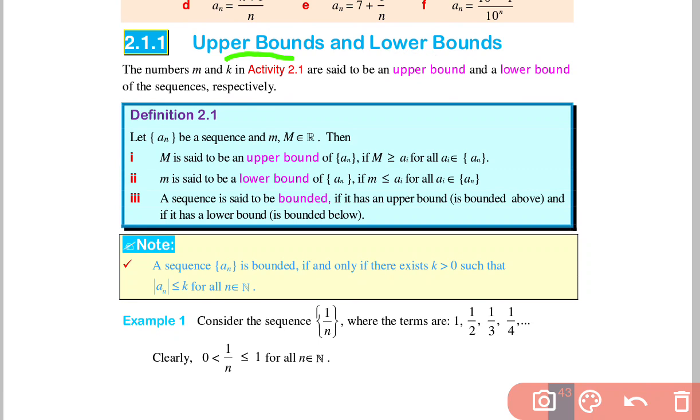Upper bound and the lower bound means it is depending on the number, how to bound it from above and below. Why upper bound?